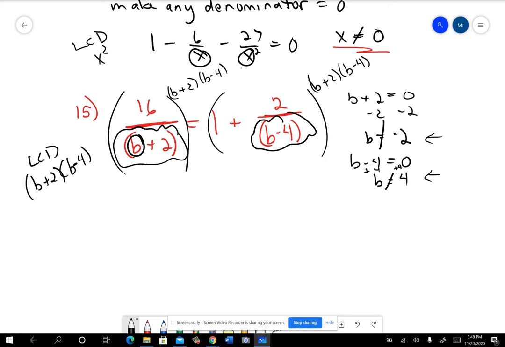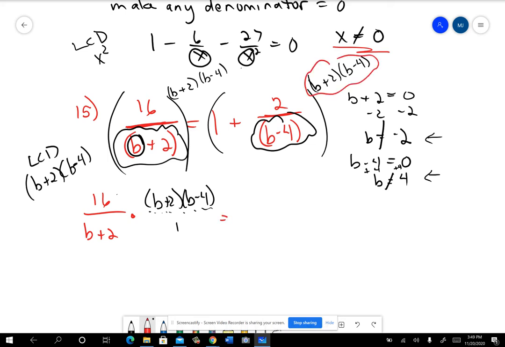All right. Now this side only has one fraction, right? So I'm going to take that 16, I'm going to do that in red, over b plus 2, and I'm multiplying it by the b plus 2 times the b minus 4. Okay, now those are really understood to be up here, so that's why I wrote them high, because they're just regular, they're not fractions, so it's like they're over 1. All right, then on the other side, this right here has to get distributed to both of these terms.